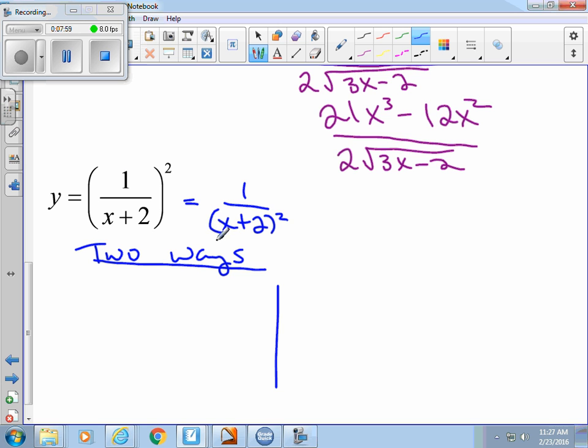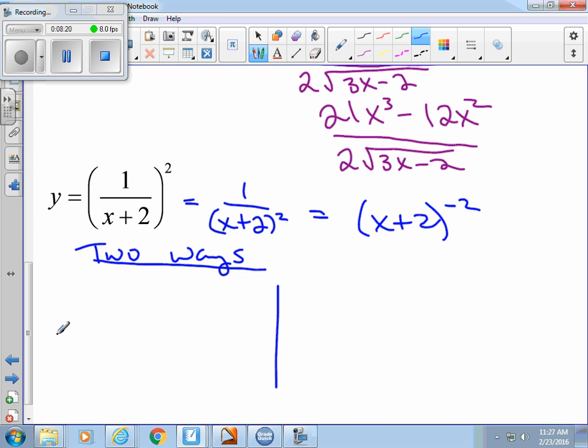This way changes it to a quotient rule with a chain rule inside. I prefer this one. Yeah, let's do that one.